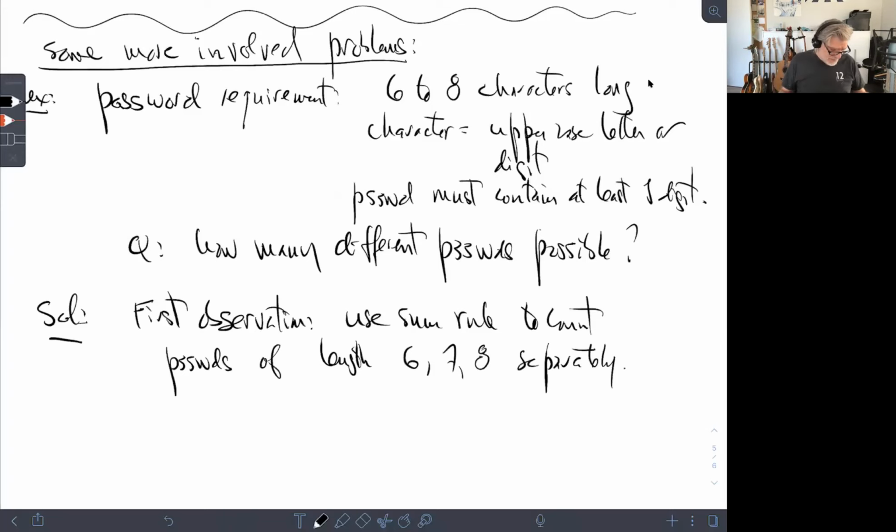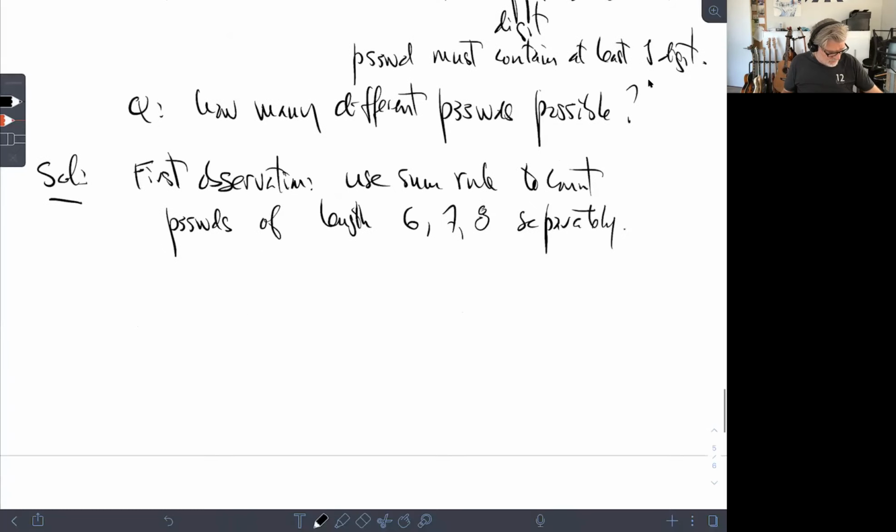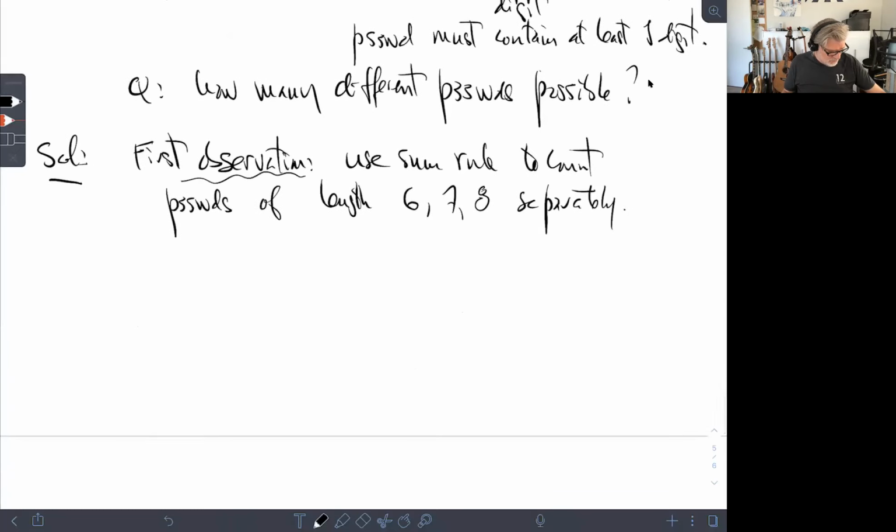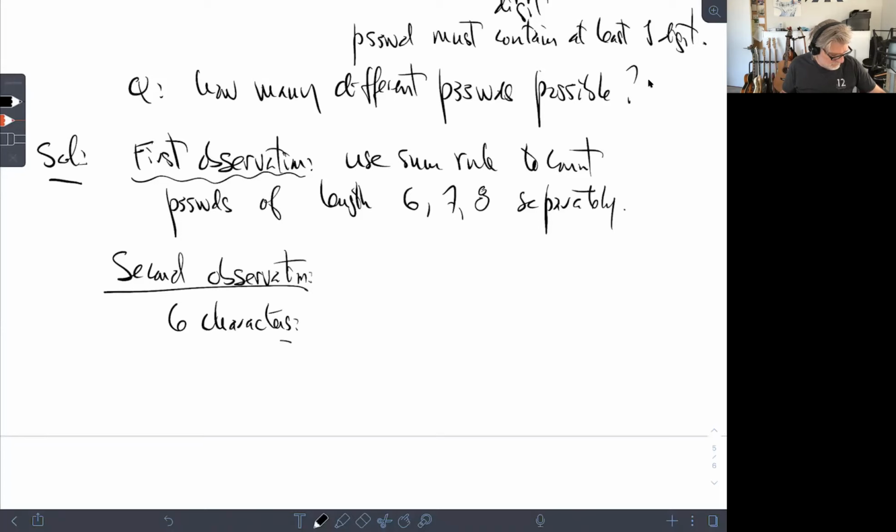Now, the second observation, and this is a bit more subtle. If you try to count these, let's start with the 6. Let's consider 6 characters.